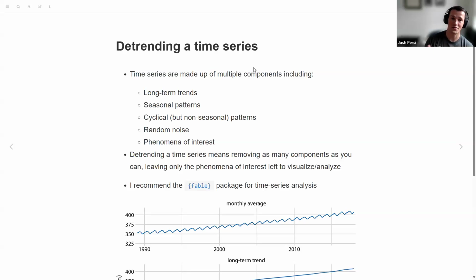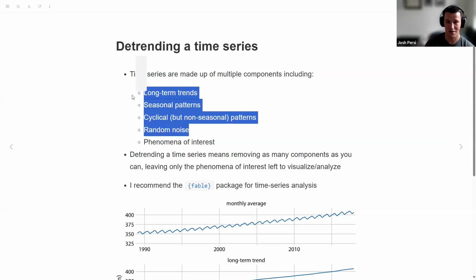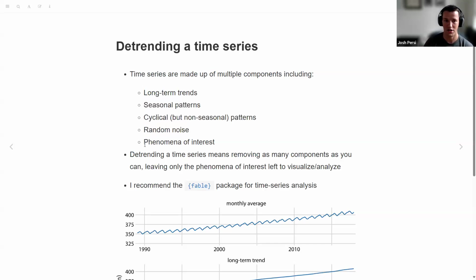There's random noise, and then there's your actual phenomenon of interest. So as far as I understand, detrending means you basically want to remove everything you don't care about and just be able to plot your phenomenon of interest and see how that changes over time once you've accounted for long-term trends, seasonal patterns, and other components of the time series.